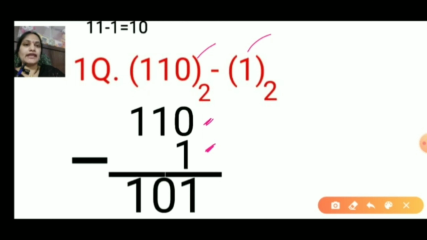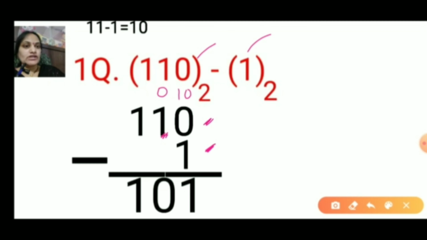You have to take borrow from the 1 here. So, after taking borrow, this 0 becomes 10, and this 1 becomes 0, decremented by 1, that means 1 minus 1 is 0.